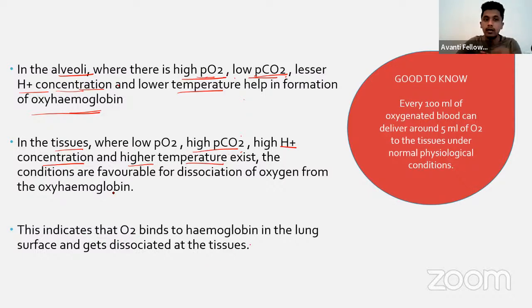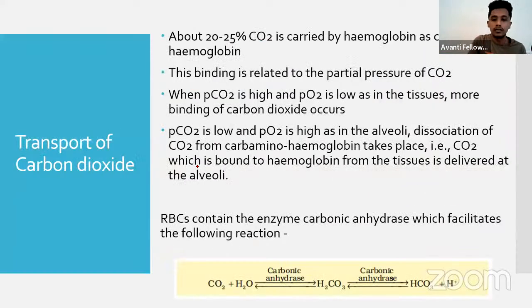Here are our criteria: low partial pressure of oxygen, high partial pressure of carbon dioxide, high hydrogen ion concentration, and high temperature are the necessary conditions for the oxygen to come out from the hemoglobin molecule. Okay, fine. So we understood how the oxygen molecule is transported.